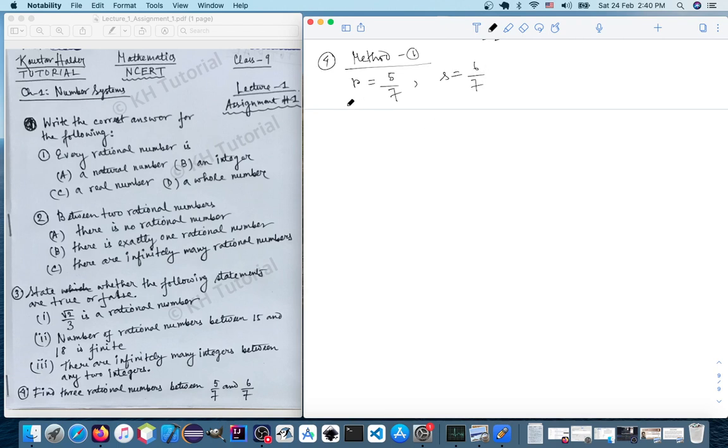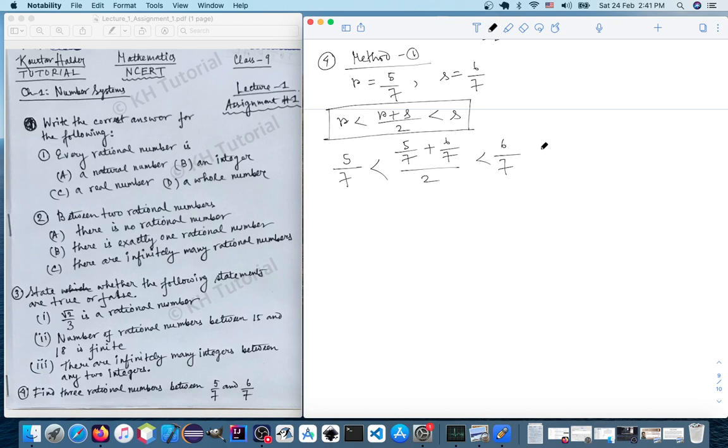Now we know, using the result, that (R plus S) by 2 is a rational number that lies between R and S. Using this result, we can find 3 rational numbers between R and S. So the first one will be, we have 5 by 7 less than (5 by 7 plus 6 by 7) by 2, so we will have this. So in the middle, we have found a new rational number that lies between R and S.